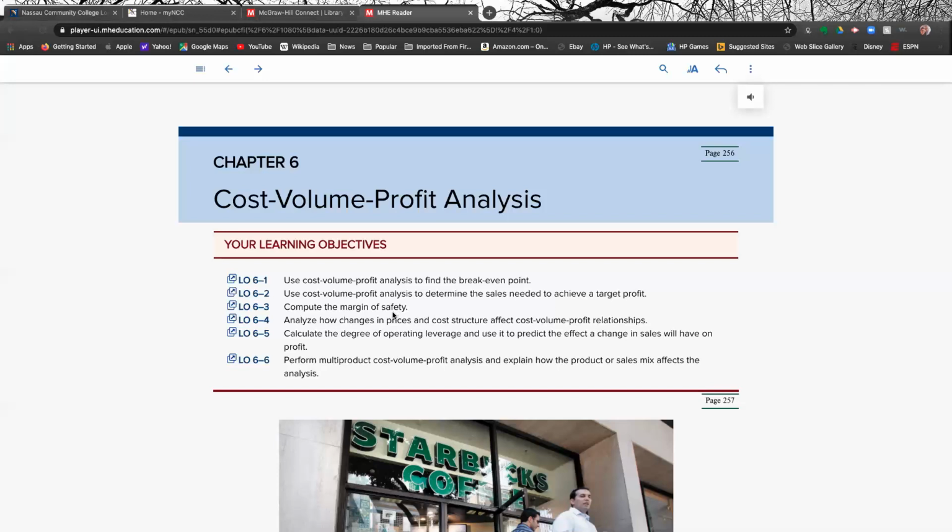Margin of safety, which is kind of a related concept, and analyze how changes in prices and cost structure affect cost volume profit analysis. In other words, what if we change some of the variables?